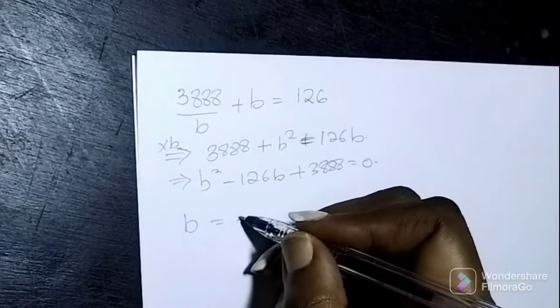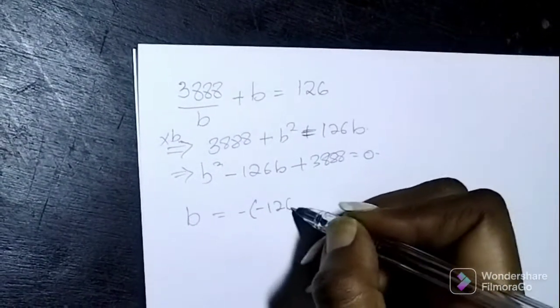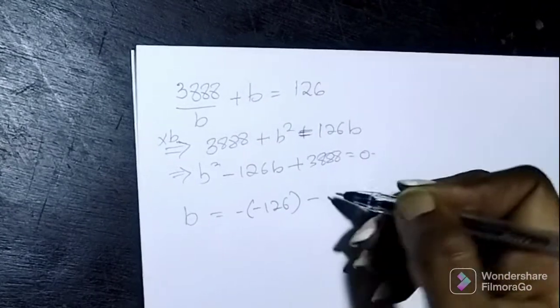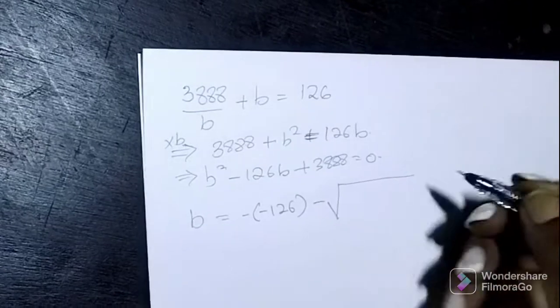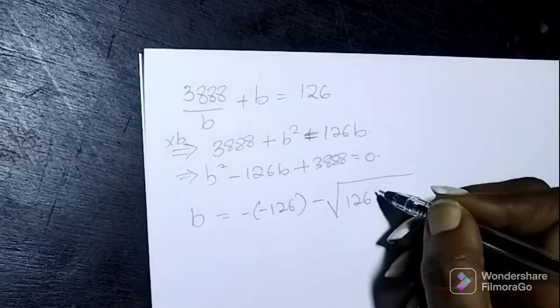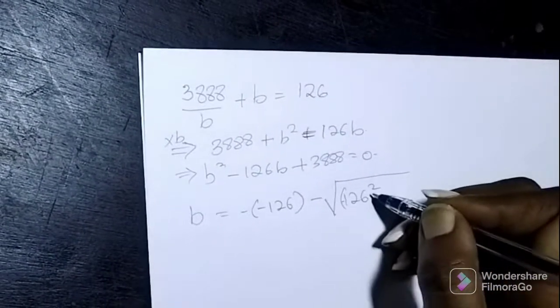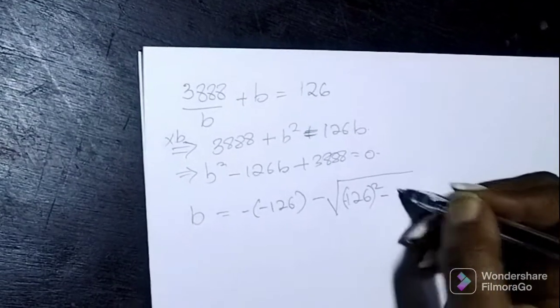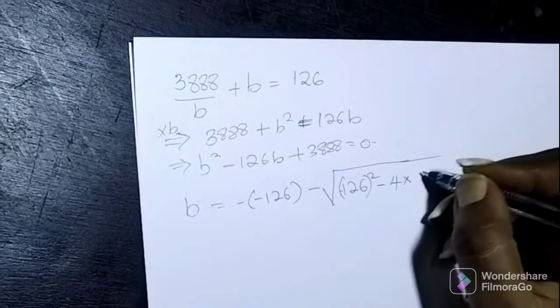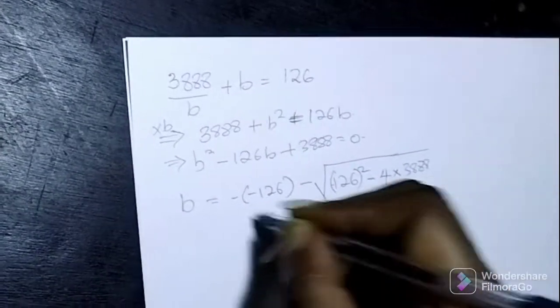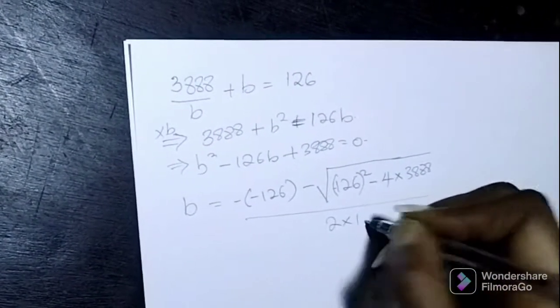We'll have minus bracket minus 126, plus or minus the square root of 126 squared minus 4 times 3888, all over 2 times 1.